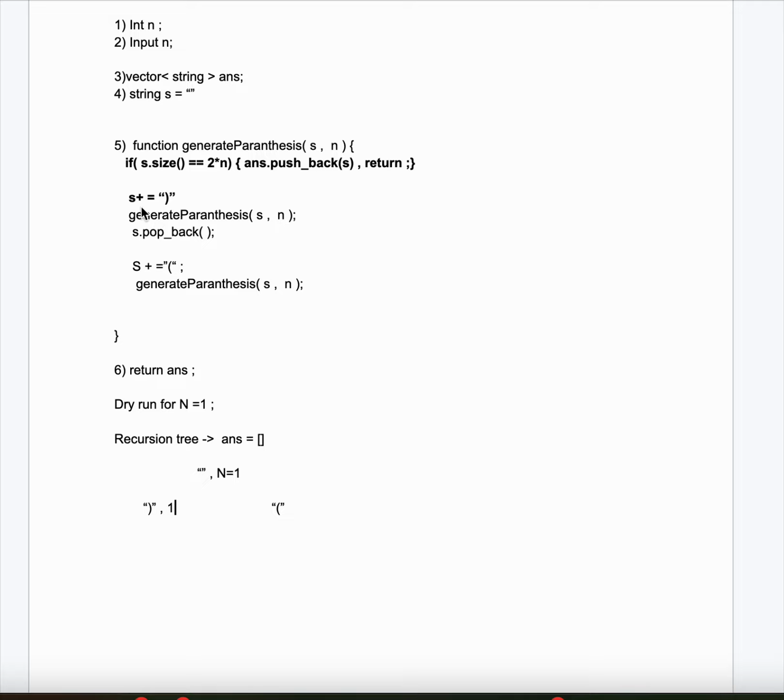Then s plus equal to this, so again one closing bracket will be pushed. Now n equal to 1. At this parameter we will call generate parenthesis with s, n. So we will call this.